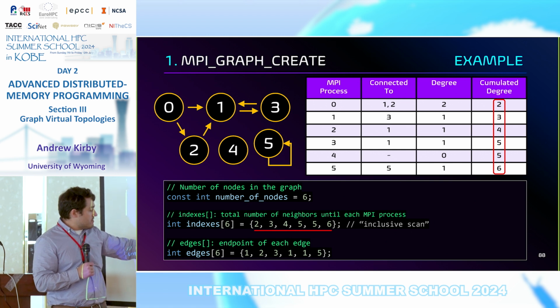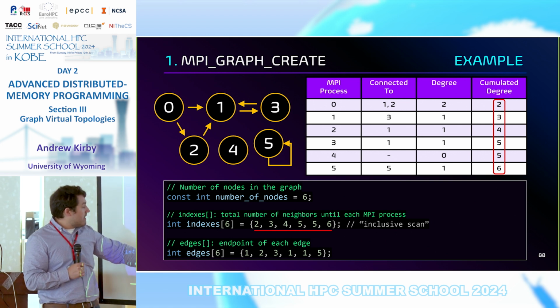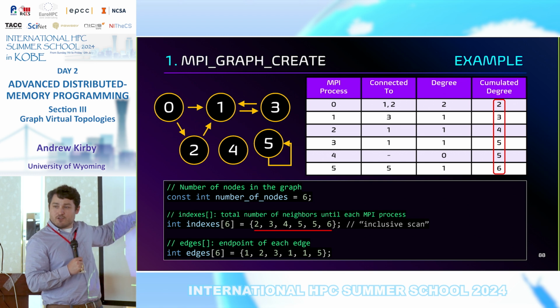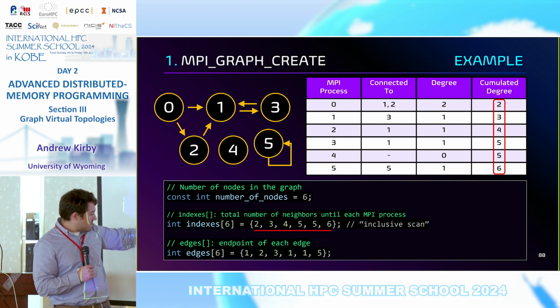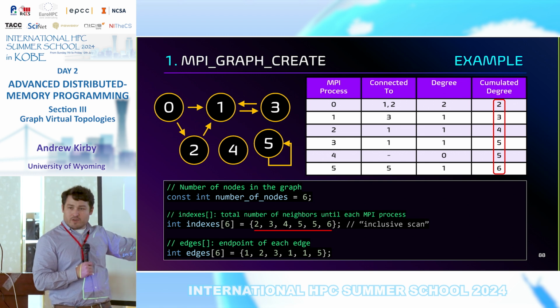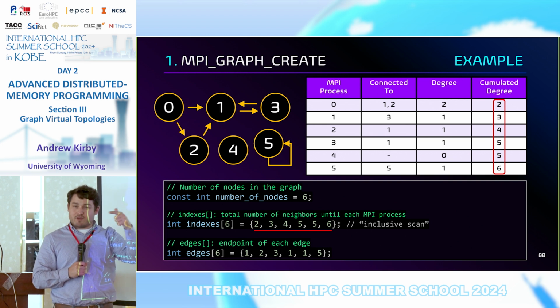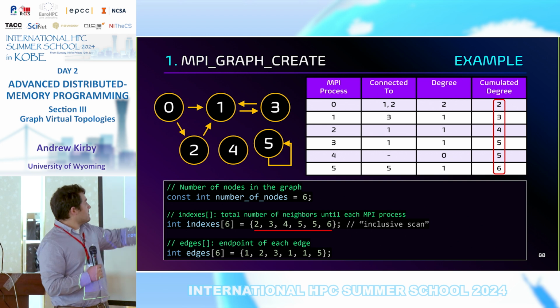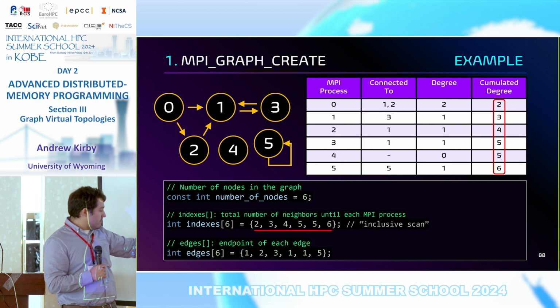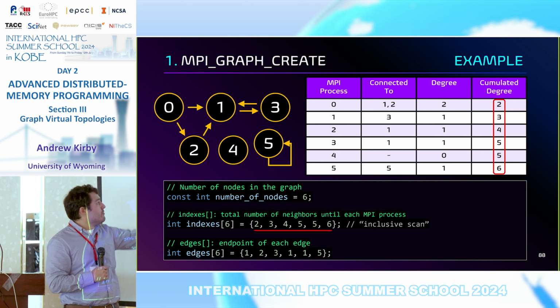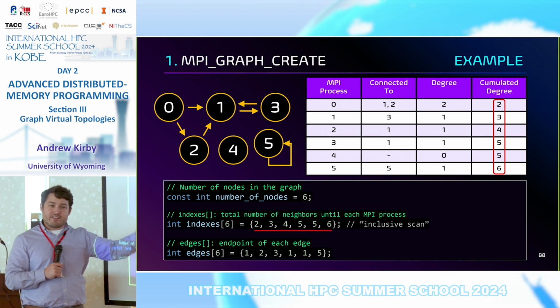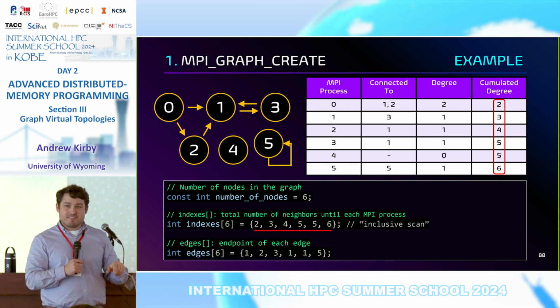Because there's 2, we're going to see 1, 2, connected to IDs 1 and 2. Next, we have accumulation of 3. So the difference from 3 minus 2 is 1. That says node 1 should be talking to node 3. You guys see how this is kind of stepping? Yes?